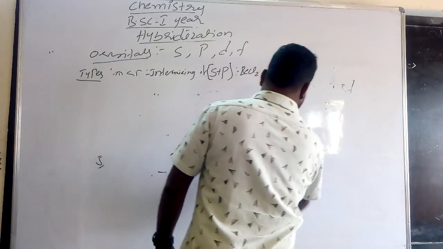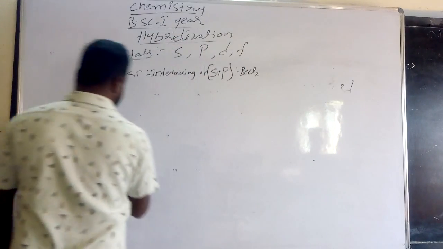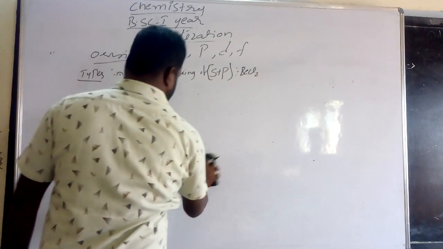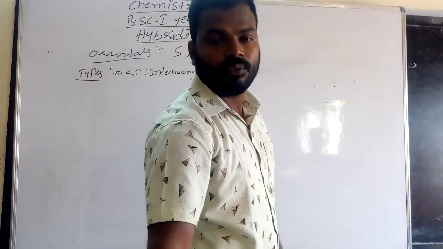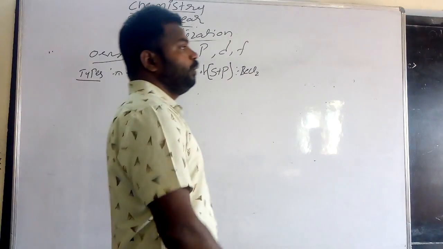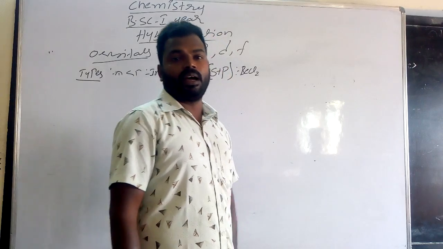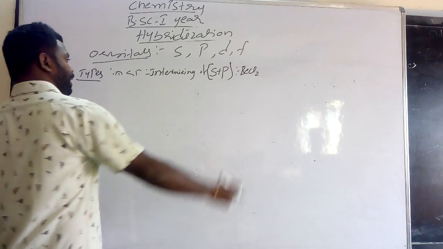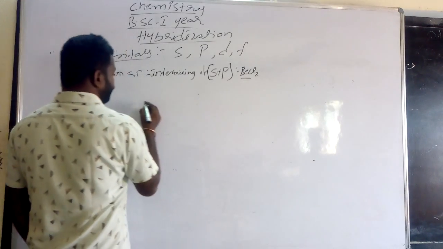sp hybridization. sp hybridization means intermixing of one s orbital and one p orbital are intermixed to give new equivalent hybrid orbitals. That is sp hybridization. We take an example: beryllium chloride.